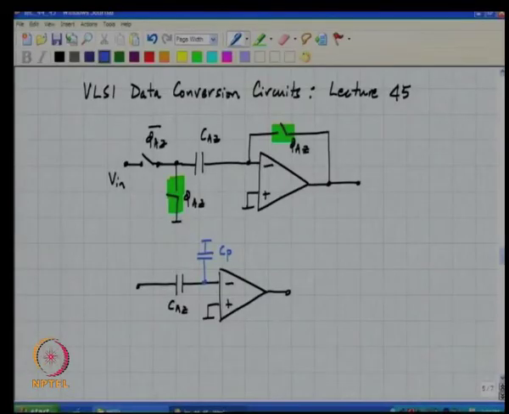The last point that also precludes making CAZ very large is that in practice it so turns out that CAZ is accompanied by a bottom plate parasitic capacitance. So, one of the plates of CAZ, if not both, have a capacitance from the bottom plate to ground.